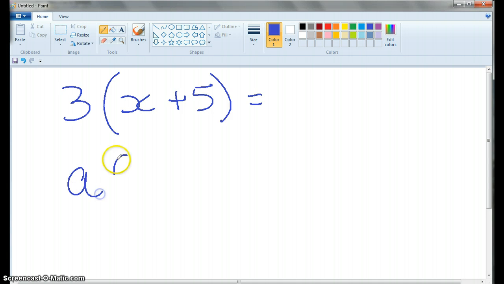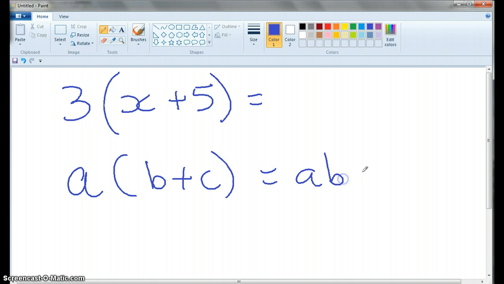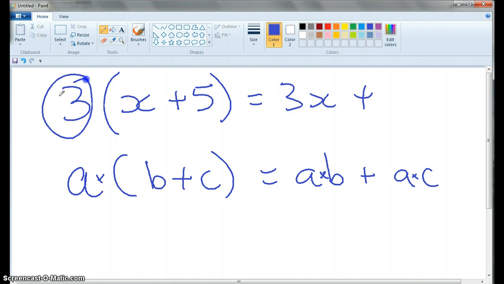Remember our general rule, A(B plus C) equals AB plus AC. Most importantly, there's an invisible times here. So yes, it is 3x plus 3 times 5, which is 15.